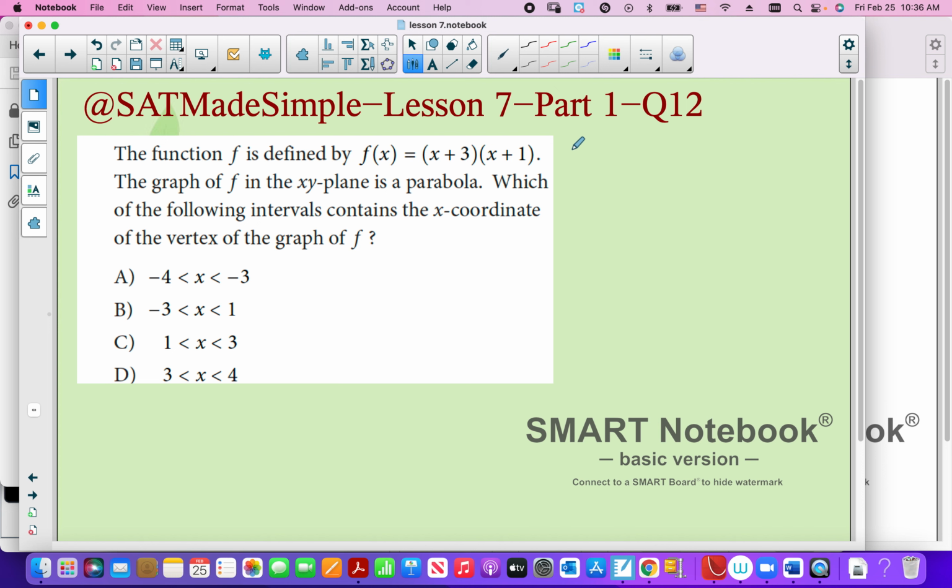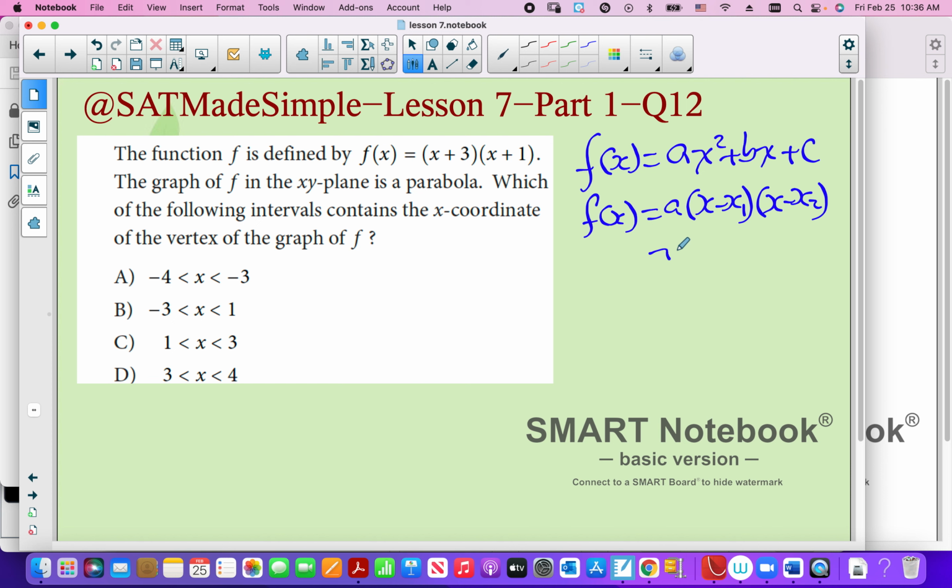Remember that the three forms of the quadratic function are the general form, f of x is equal to ax squared plus bx plus c; the intercept form, f of x is equal to a into x minus x1 into x minus x2, where x1 and x2 are zeros or roots of the quadratic function; and the vertex form, f of x is equal to a into x minus h all squared plus k.